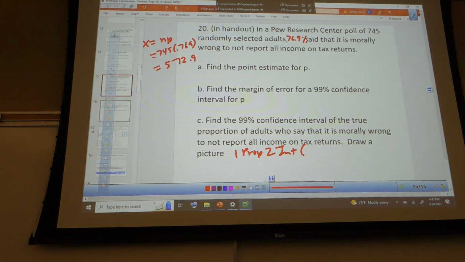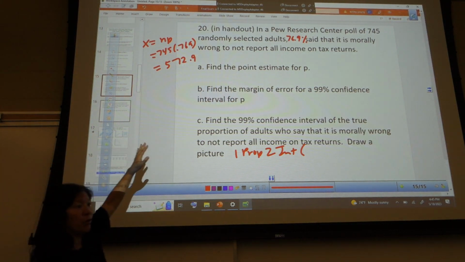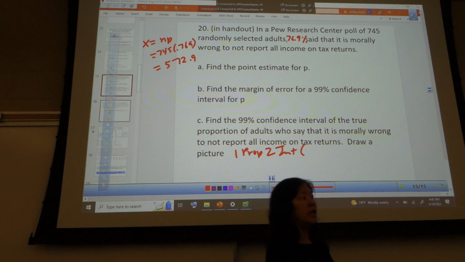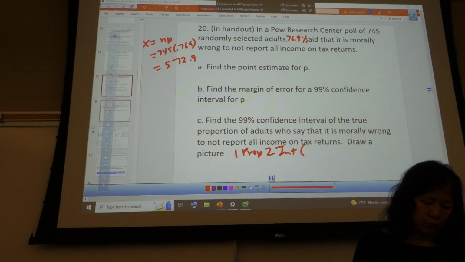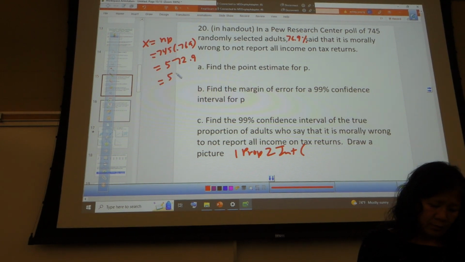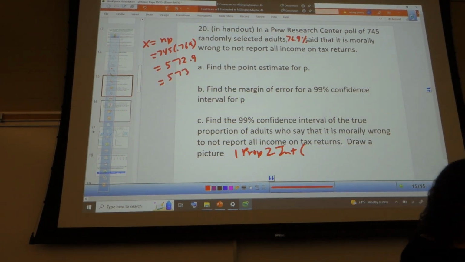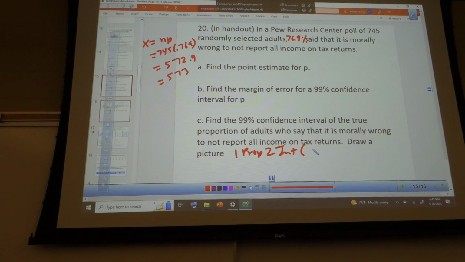But again, you can't ask 572.9 people. You have to round to the nearest whole number. 573. So that's going to be my x, 573.